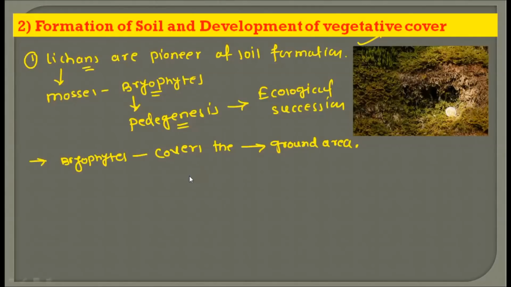So the formation of soil and development of vegetative cover are both applications of the bryophytes. Bryophytes not only help in the formation of soil, that is the pedogenesis, they also cover the ground of the soil, and that is how they conserve the soil as well as provide shelter to the other small living organisms. All right.